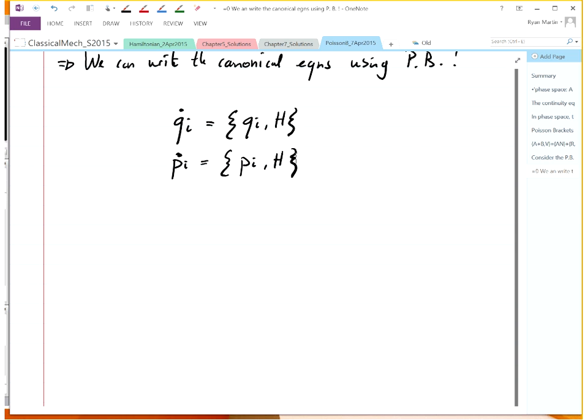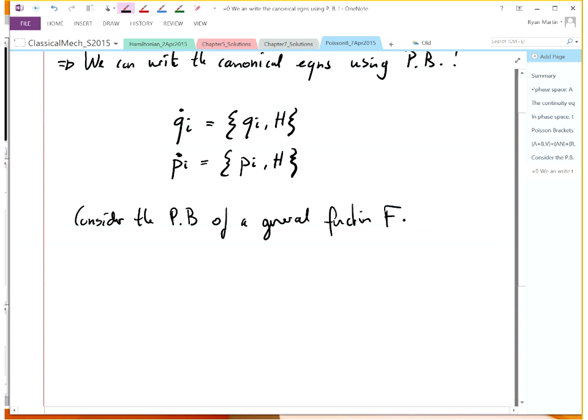So let's do a more general case. Here we just did very specific functions, Poisson bracketed with the Hamiltonian, because they're canonical variables. Let's consider the Poisson bracket of a general function f of the canonical variables and, well, let's just write the Hamiltonian.